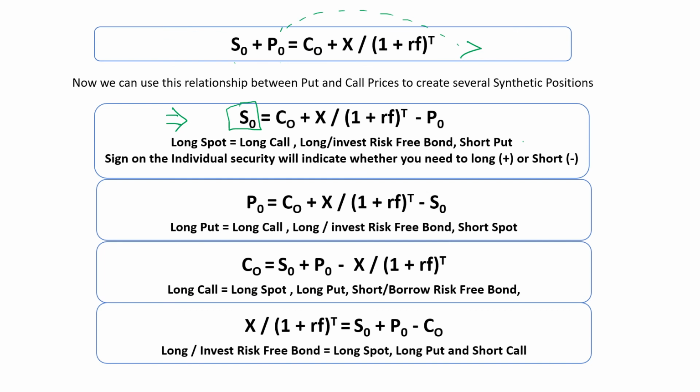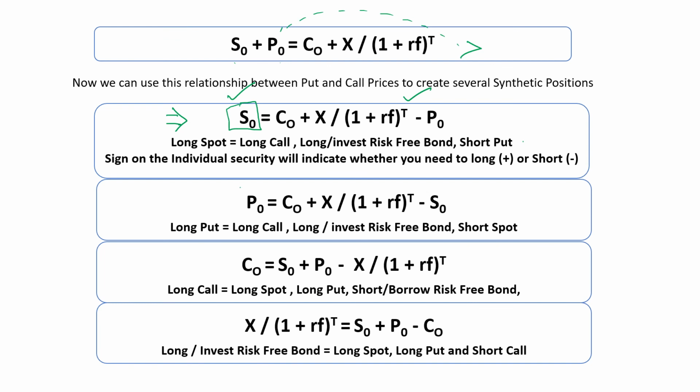Now, guys, the sign on the individual security will indicate whether we need to go long or go short. When the sign is positive, we go long. When the sign is negative, we go short. The other point to note is that the single security on the left hand side of the equation will exactly have the same payoff as the portfolio on the right hand side.